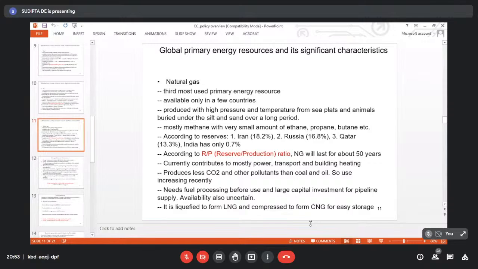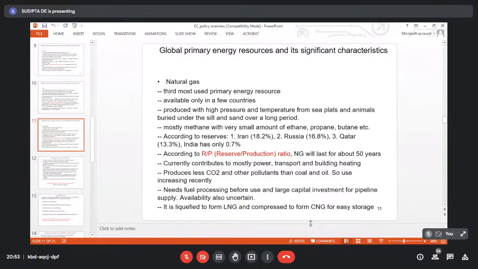Natural gas currently contributes mostly to power. Natural gas based systems are mostly used, as I mentioned, in power plants, and it has the most important advantage of being used in combined cycle power plants. I will have some discussions on this in my course also, because that's a highly efficient power plant. Obviously, if the efficiency increases, then for the same amount of fuel input you can have more power, which means less carbon dioxide emission per unit of power.